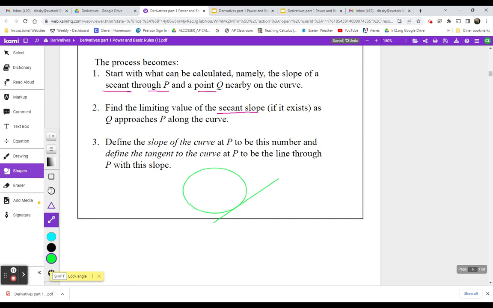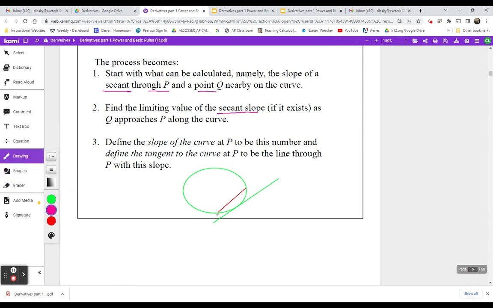But we also know that we have a secant line right here. And we know that secant line we can turn into a triangle. We saw it happen before, right? We turn this into a triangle like this. And we can take that triangle and we can find its slope.